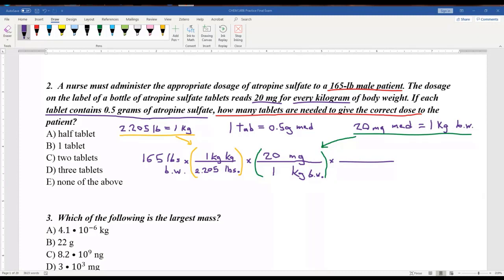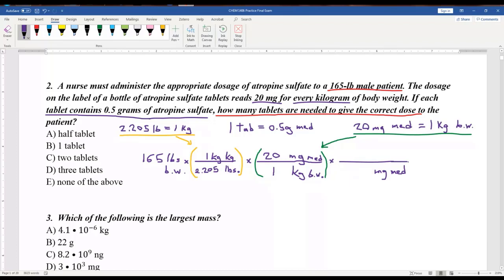Yeah, no problem. Okay, so then what's going to go on the bottom of the next conversion factor? I'm going to emphasize it's medicine. Yeah, so milligrams of medicine has to go on the bottom. That needs to cancel out.